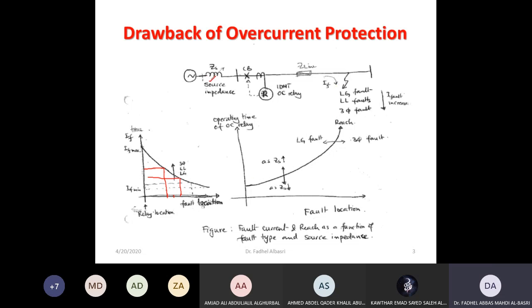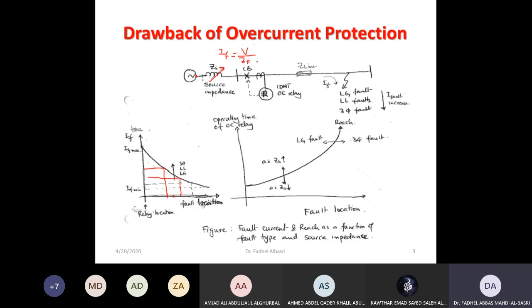Second, the source impedance changes. As you know, when you increase the number of generators in the system, the source impedance decreases and the fault current becomes higher. I fault depends on the fault impedance; it is the voltage at the source divided by Z fault, and Z fault, let's say, is the impedance from here to the fault point.